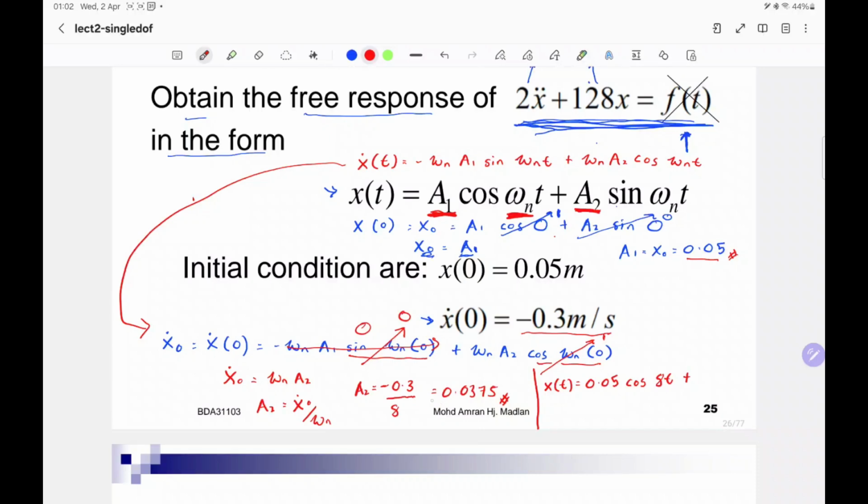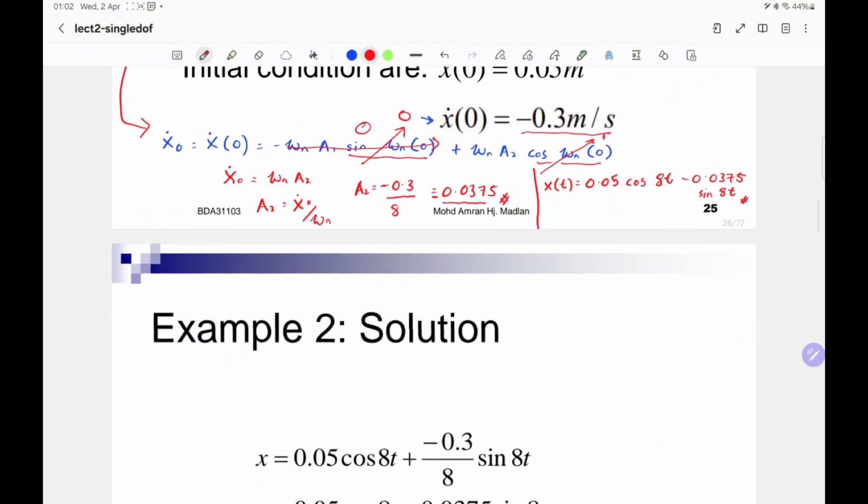So A2 is negative 0.0375, so this will become negative 0.0375 sine omega n t, sine 8t. So this is the equation or the solution for this example.